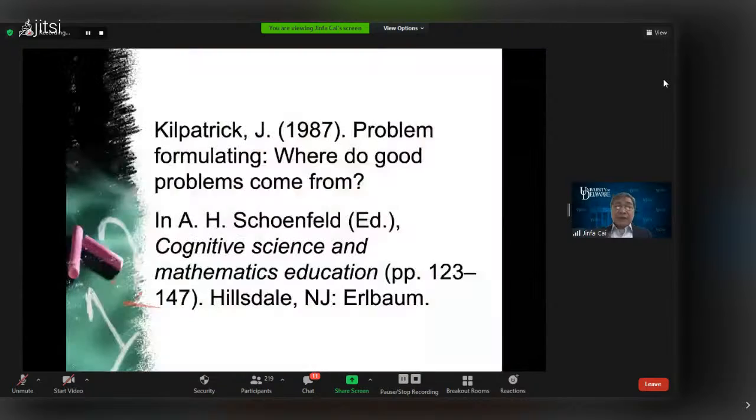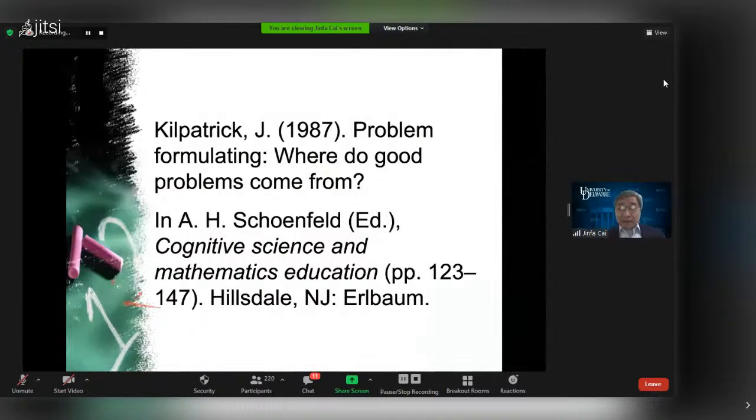That's 1983. Now, in 1987, Jeremy Kilpatrick published a book chapter in Alan Schoenfeld's book called Problem Formulating: Where Do Good Problems Come From? I view this chapter as not research per se.